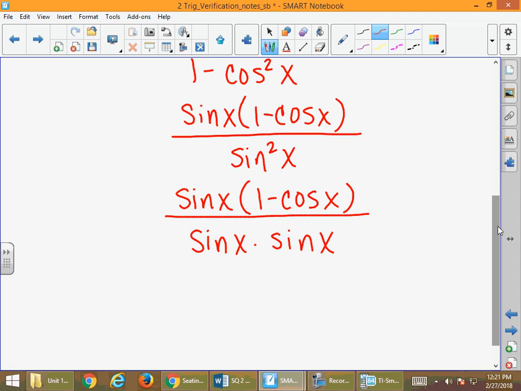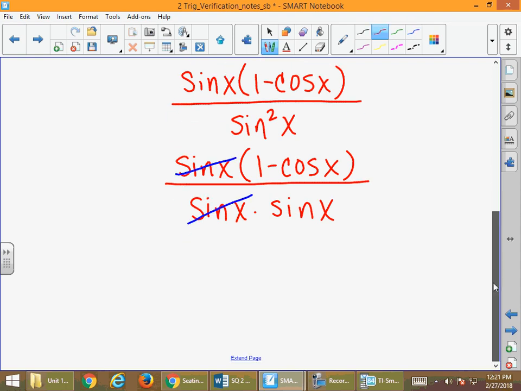And what we can ask ourselves then is, do we have anything exactly the same on the top and on the bottom? Well, we've got a sine x. And now we get 1 minus cosine x divided by sine x. But we're trying to turn this problem into cosecant x minus cotangent of x.